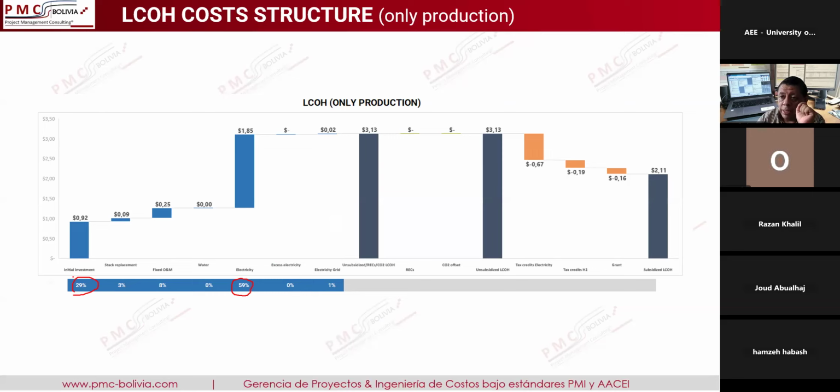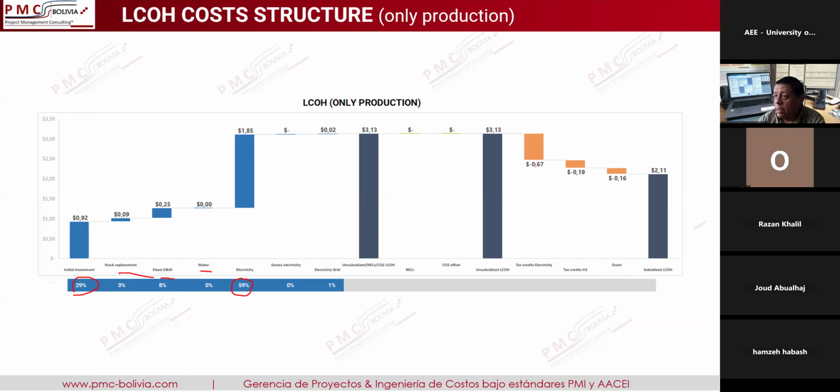And initial investment is the second most important variable in the cost structure of the LCOH, for example in these graphics, 29%. So first is electricity cost. Second driver is initial investment, and the fixed O&M is very small. Stack replacement is small, and water is a very, very small incidence in the LCOH cost structure.